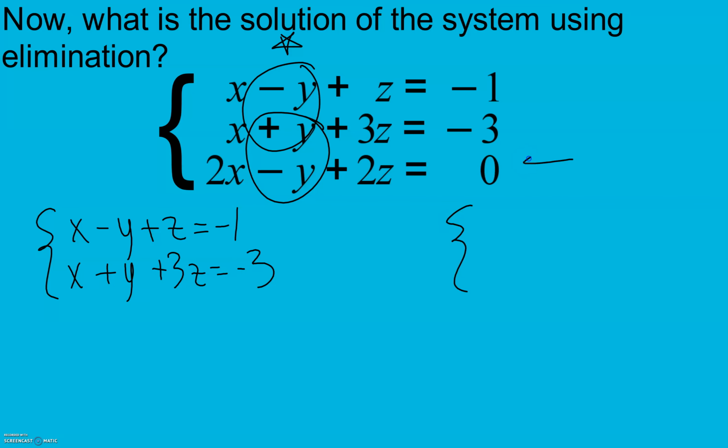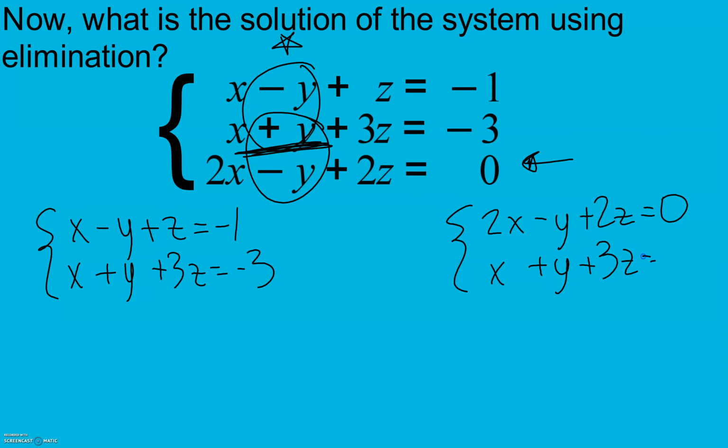Then I have to use my third equation because I haven't used that one yet. And when I go to pick which equation I'm going to use again, the positive y is going to cancel out my y's. Remember, we eliminate the same variable from both sets, otherwise it doesn't work.